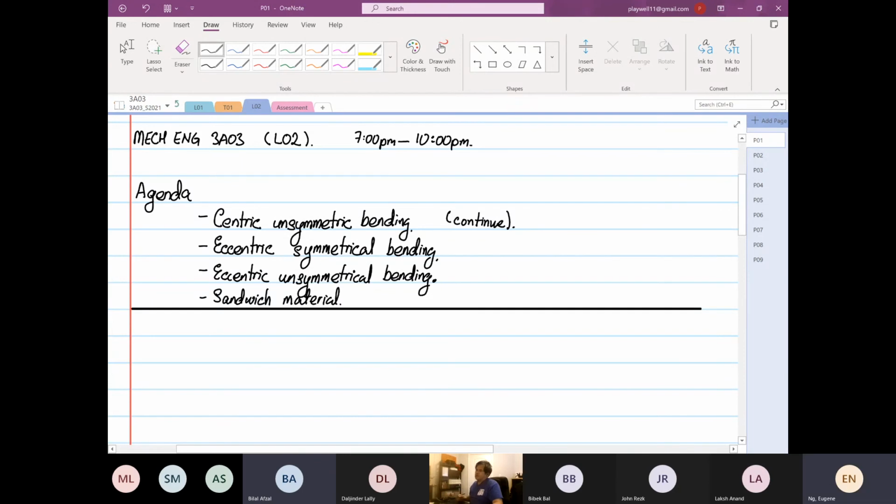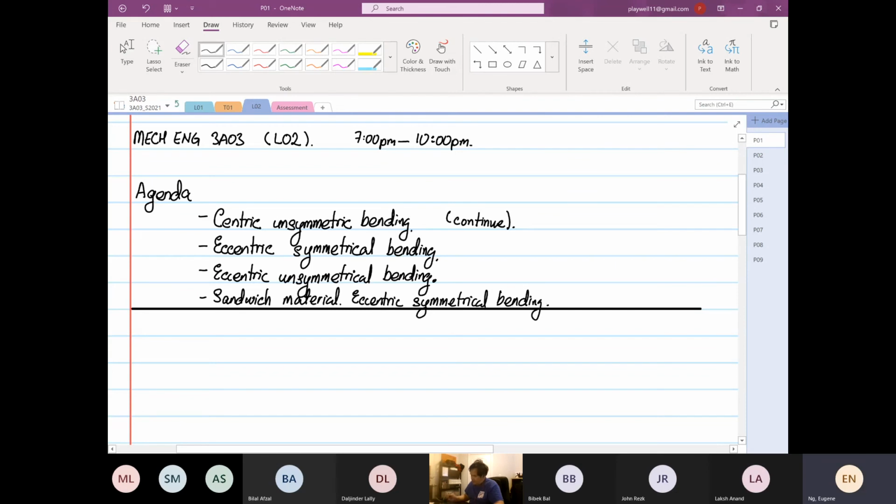Okay, so I'll do symmetric sandwich material under eccentric loading. Sandwich material, eccentric symmetrical bending.